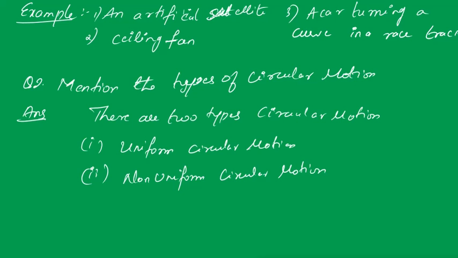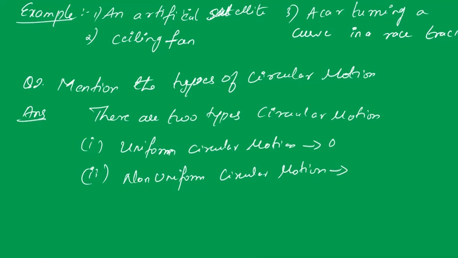So let us define uniform and non-uniform circular motion. As the name says, uniform, so there is a proper sequence in uniform circular motion. In non-uniform, you have some acceleration or any other factor affecting the motion of the particle. So for uniform motion, you just have to know this: an object will travel in a circle.